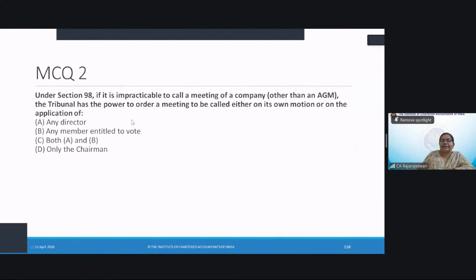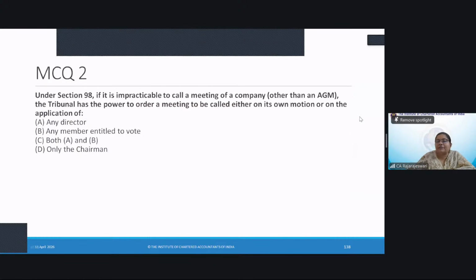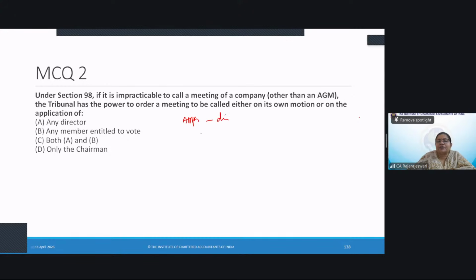So the application can be made by a director, or the application can also be made by a member entitled to vote. See, the wording is beautifully framed, entitled to vote.